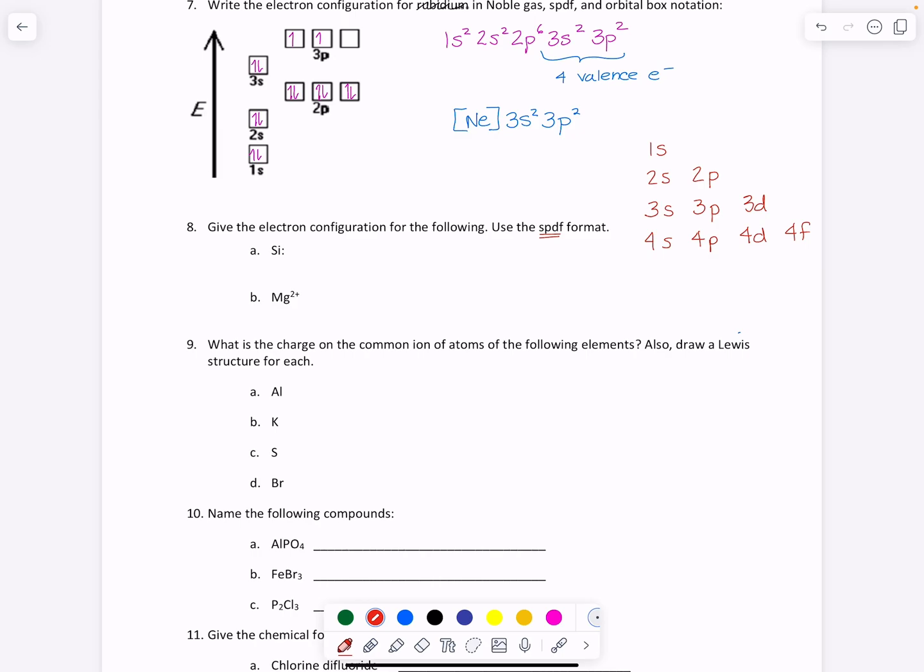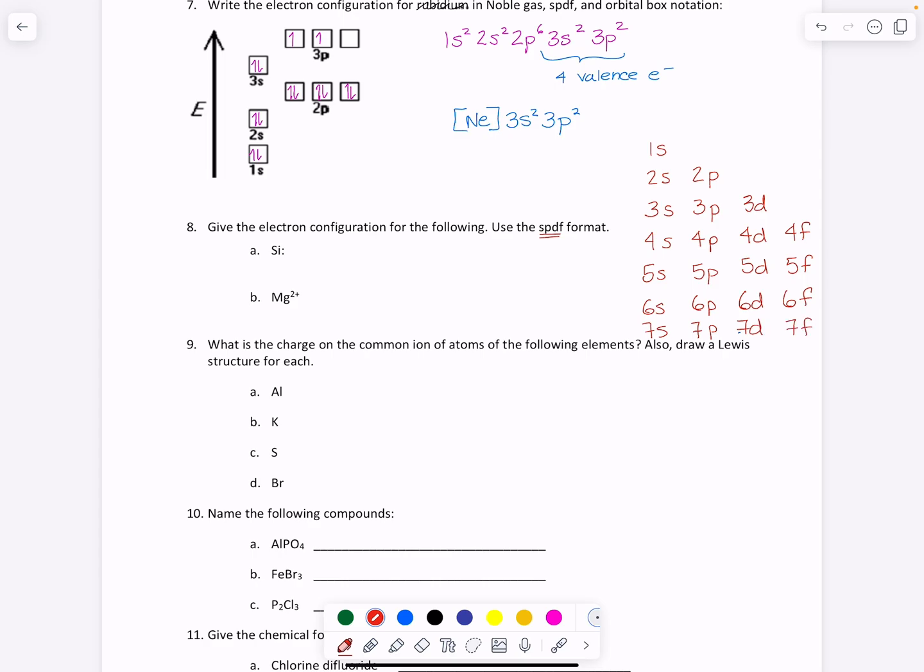Beyond that, we only have those 4 shapes. And so if you line them up this way, then 6s, 6p, 6d, and 6f, and then 7s, 7p, 7d, and 7f.